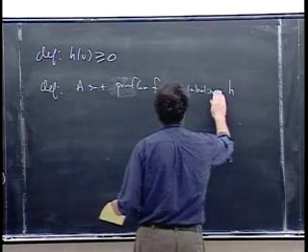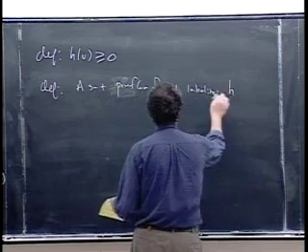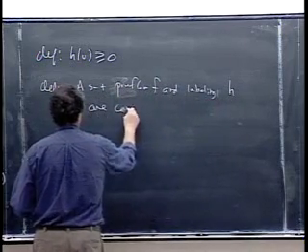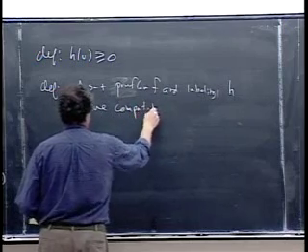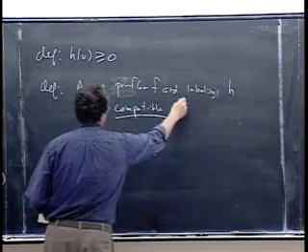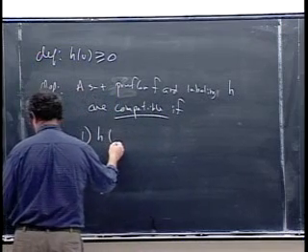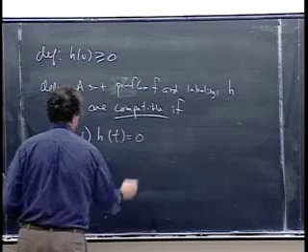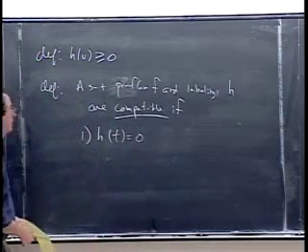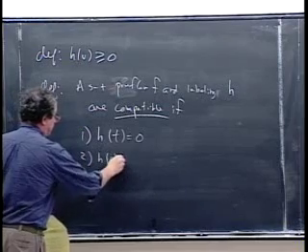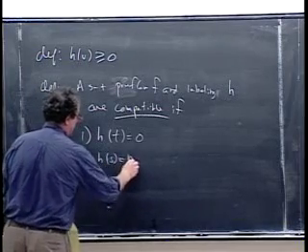They are compatible if the following conditions hold. First of all, h of t is going to be 0. That's a required condition. H of s is equal to n.